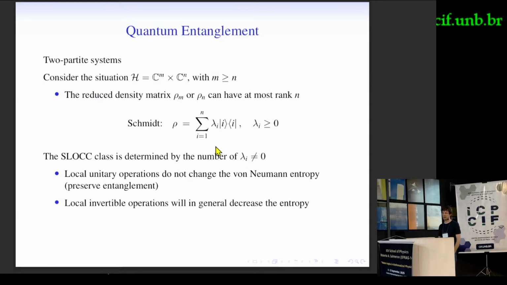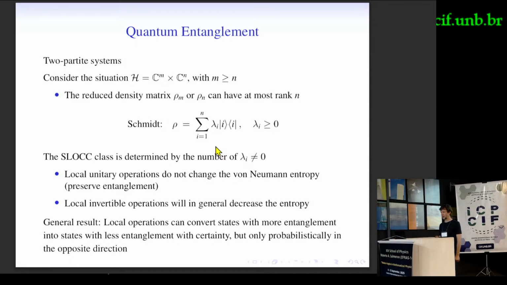So if you start with 2 qubits in an entangled state and apply local invertible operations, in general, if you start from maximum entanglement, this type of operation will reduce the amount of entanglement. But since they are invertible, you will never produce a separable state. So different invertible operations act within each of these classes, mapping states with more entanglement to states with less entanglement.